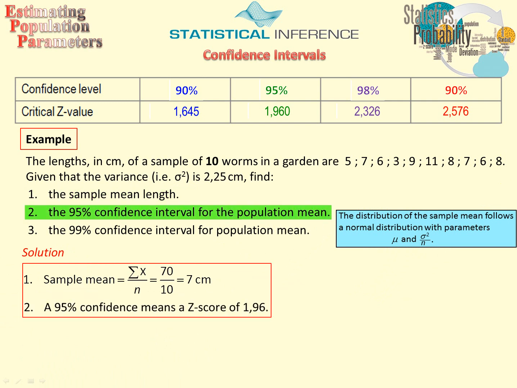Now the 95% confidence interval, we're going to look and say, well, 95%, the z-score must be between 1.96 and negative 1.96. Z-score of 1.96 means negative 1.96 and 1.96.